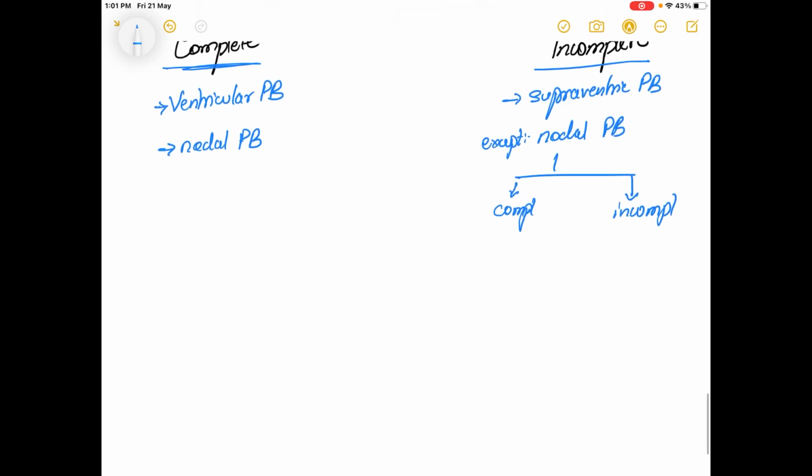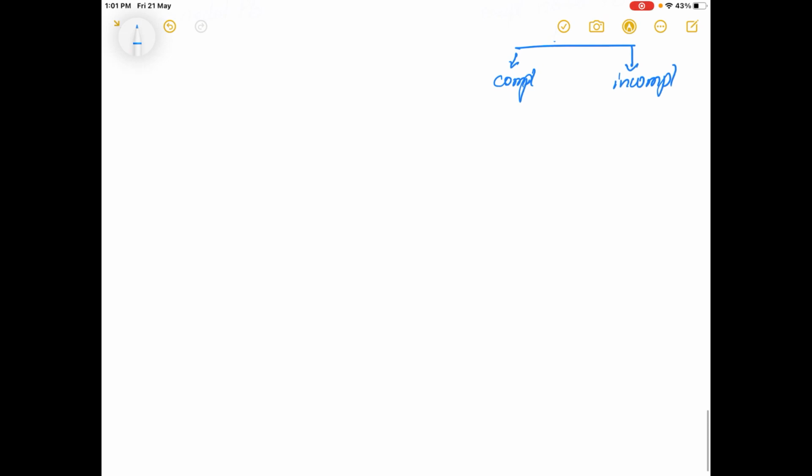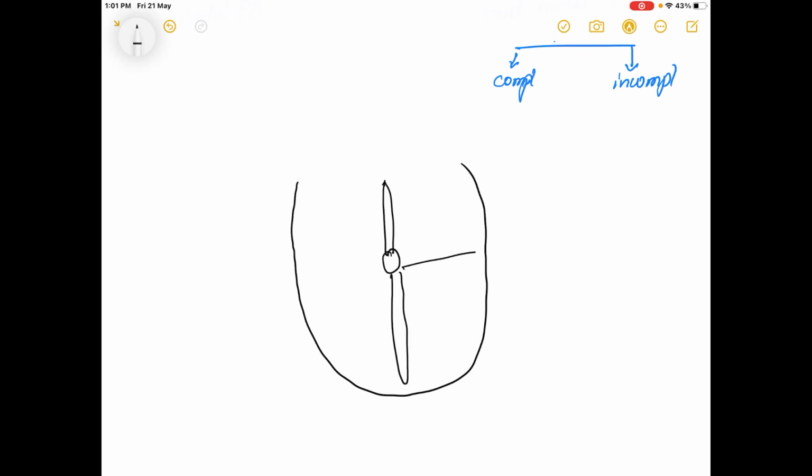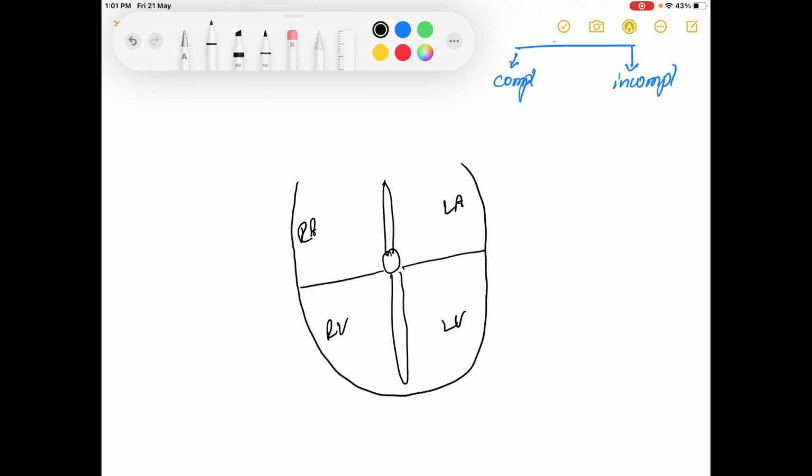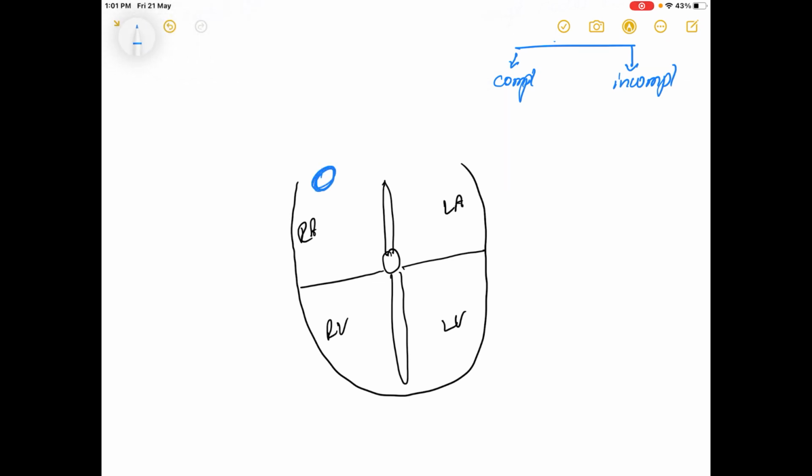Considering the heart: right atria, right ventricle, left atria, left ventricle. There is the SA node and the AV node.